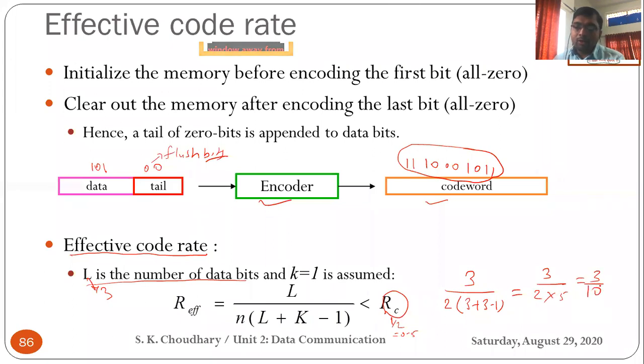Now your code rate is 3 by 10, meaning 0.3. Initially you had a code rate of 1 upon 2, meaning 0.5. So 0.3 is less than 0.5. So when you use the method of adding flush bits, you decrease the code rate.